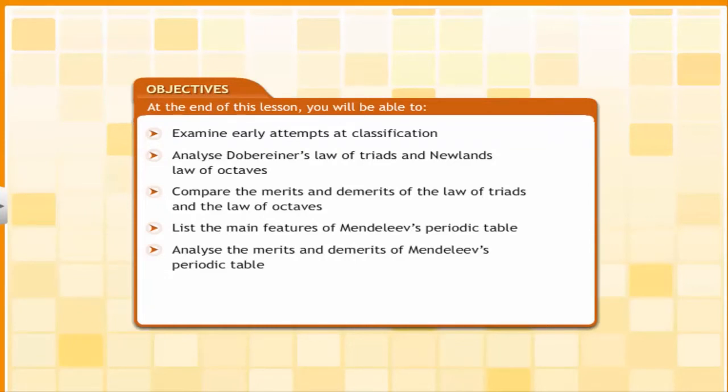At the end of this lesson, you will be able to examine early attempts at classification, analyze Doebereiner's law of triads and Newlands' law of octaves, compare the merits and demerits of the law of triads and the law of octaves, list the main features of Mendeleev's periodic table and analyze the merits and demerits of Mendeleev's periodic table.